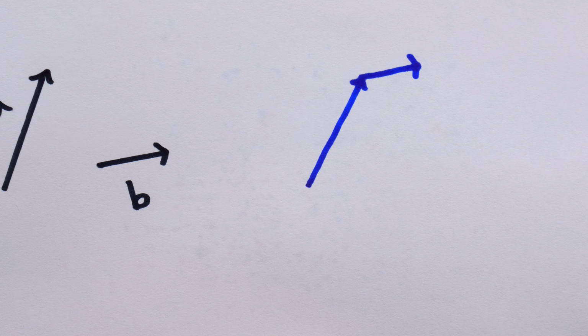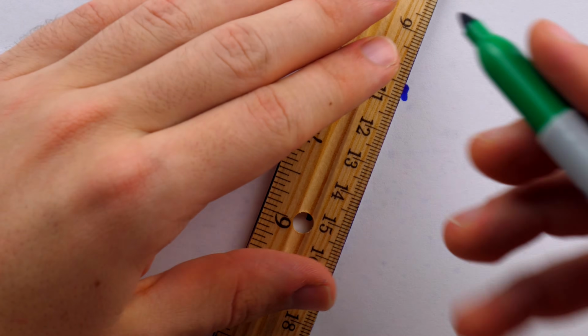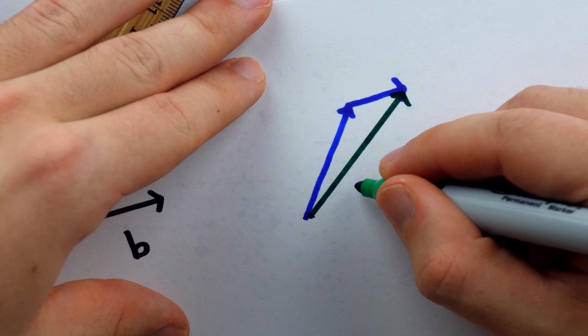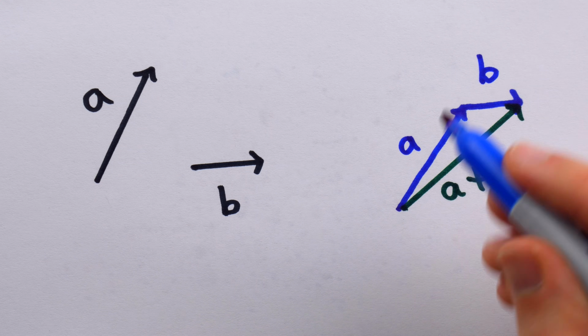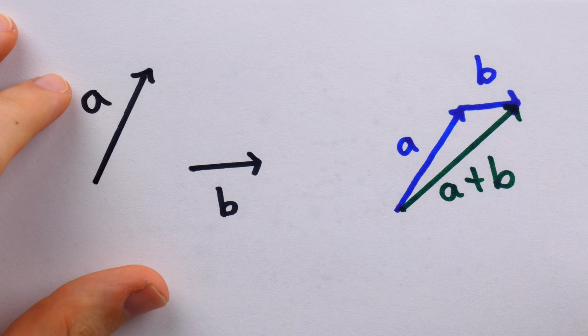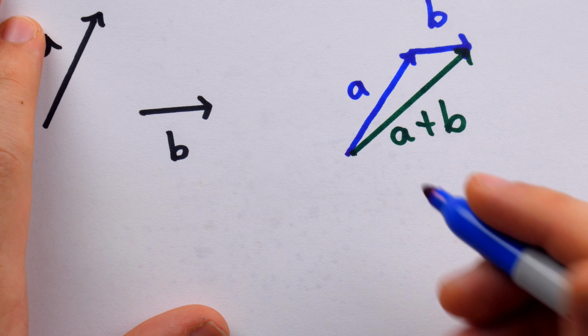That's going to give us a vector that describes the net motion of adding the vectors together. And in this case, it looks like this. This would be A plus B. So there's A, we connect it to B, and then draw that vector that goes from the beginning to the end. That's their sum.